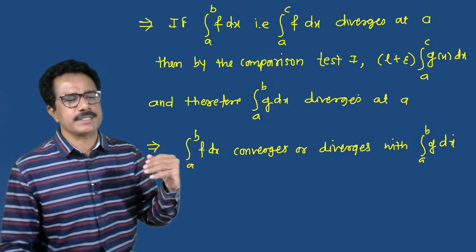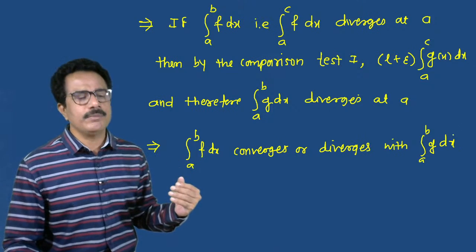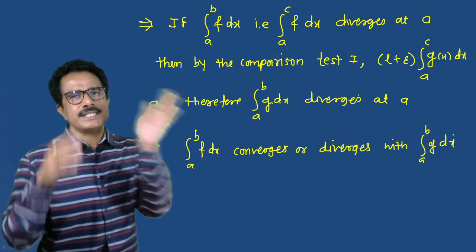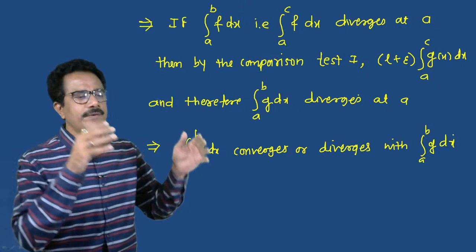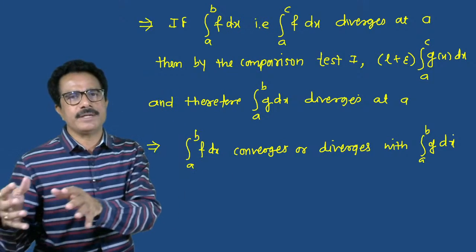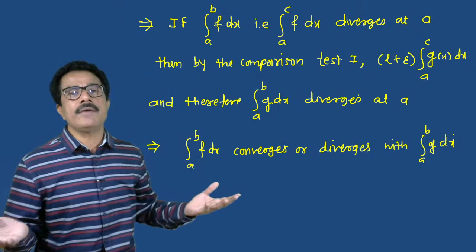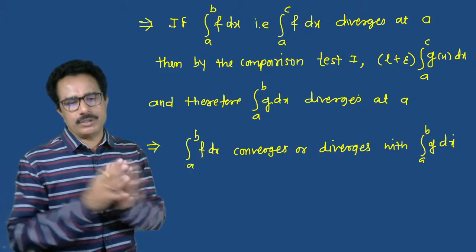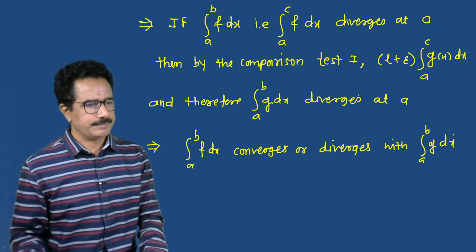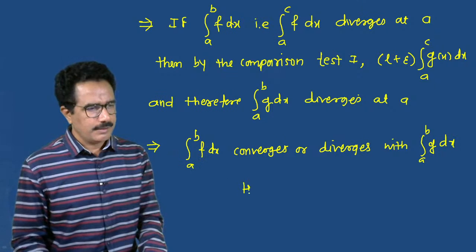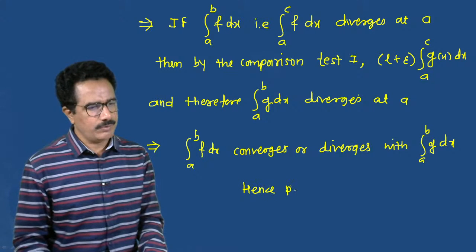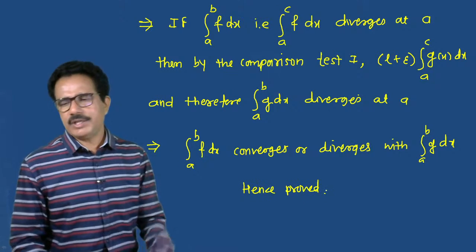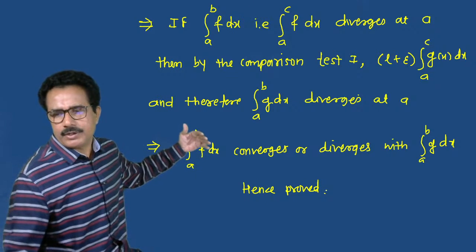It means if f converges, then g converges. If f diverges, then g diverges. That means convergence or divergence depend on each other, and hence proved. This is the theoretical proof.